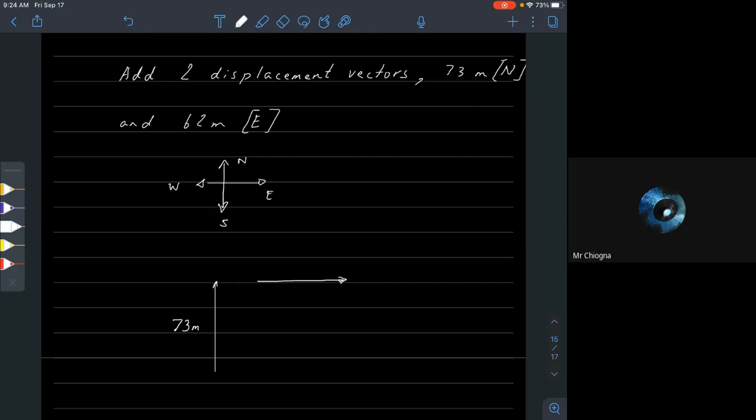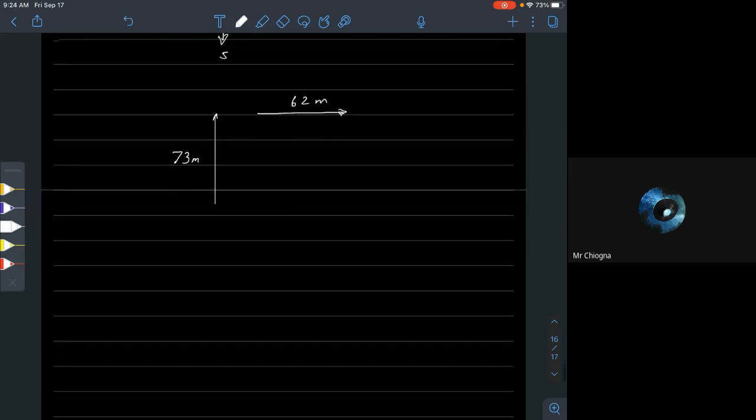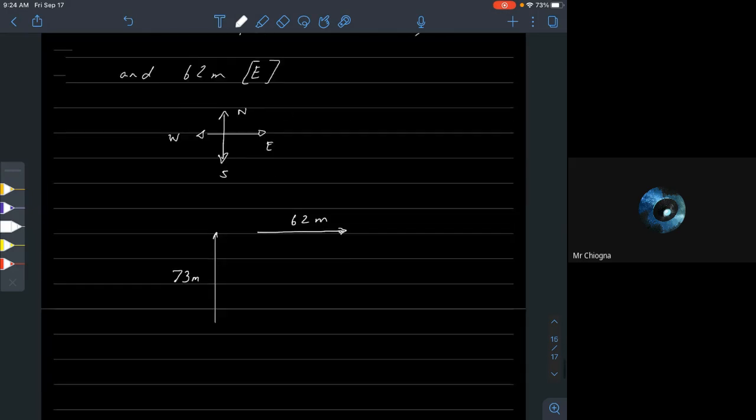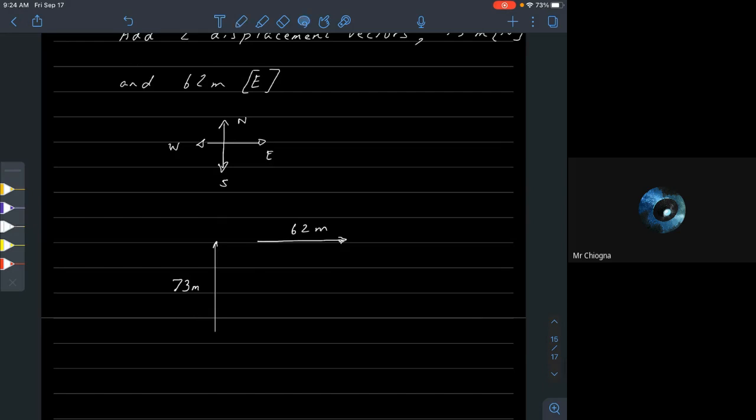Point towards east. Now that's separated. We need to join them together. Well, I can cheat. You can't. I can do this and then just move it over, like that. That's how you join. Join the vectors tip to tail. Join the arrows tip to tail.